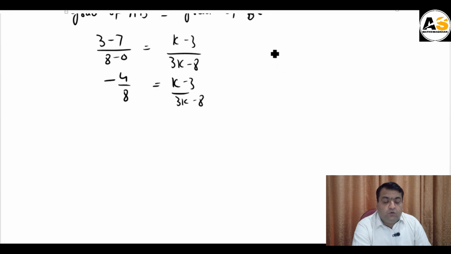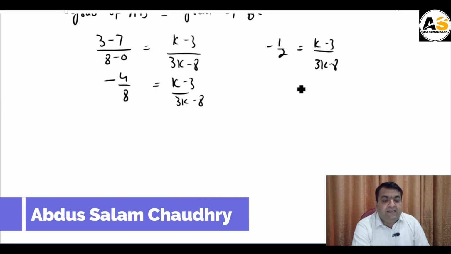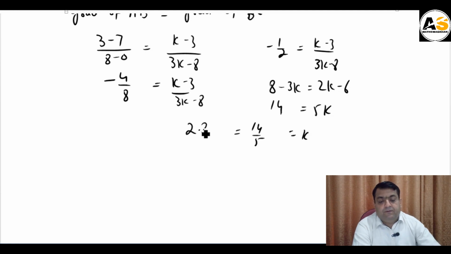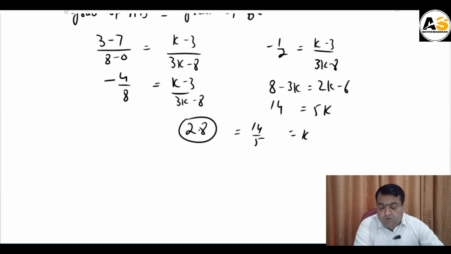Minus 1 over 2 is equal to k minus 3 over 3k minus 8. 8 minus 3k is equal to 2k minus 6. 5k is equal to 14 and k is equal to 14 over 5, which simplifies to 2.8. So this is the value of k for which this point will lie on line AB.